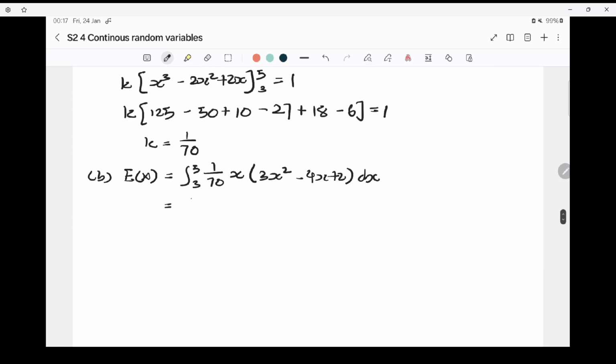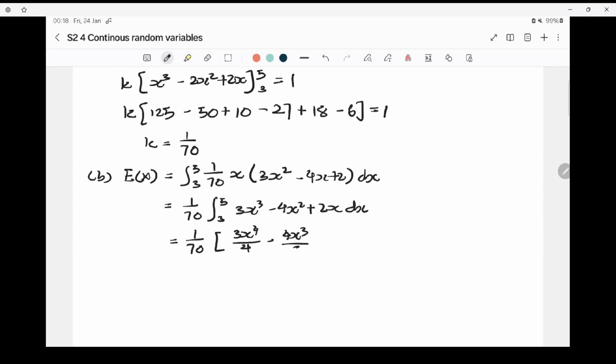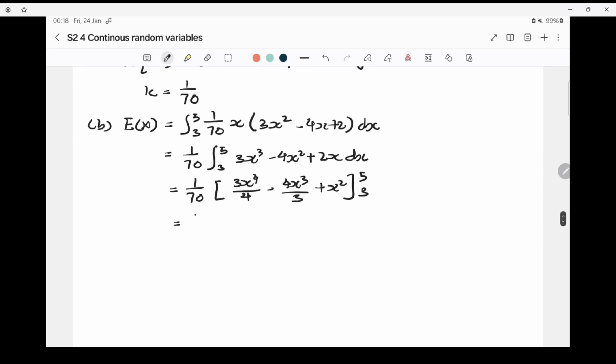So now let's start multiplying that, and integrating it. Then substitute the values of 3 and 5 inside.